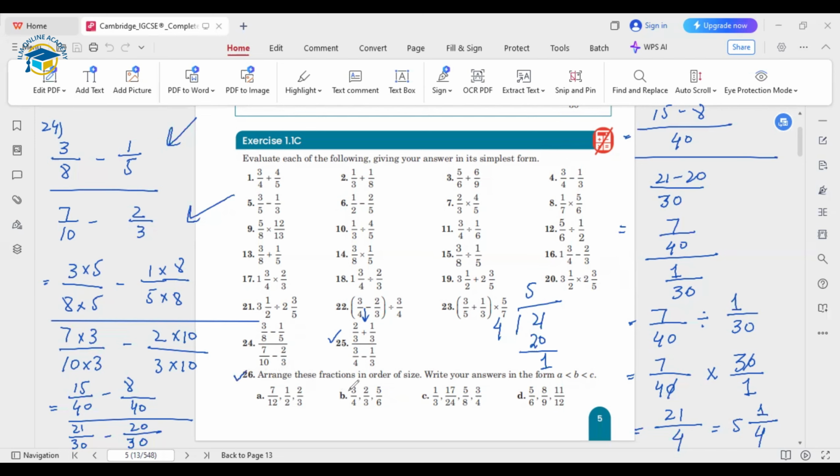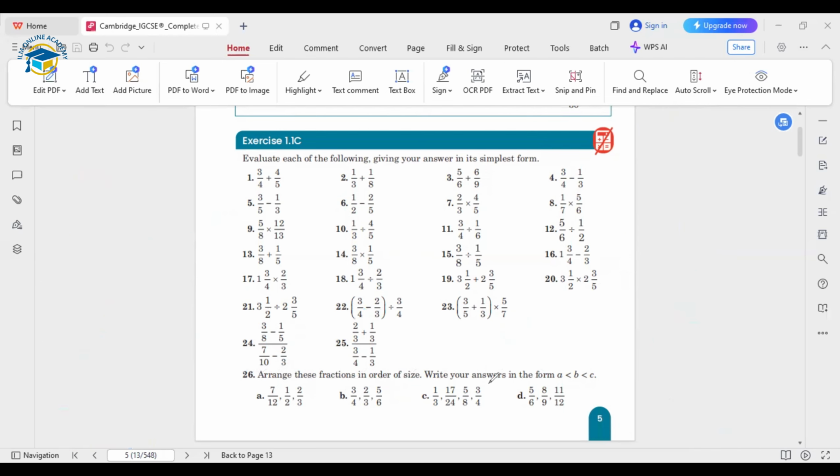In this, they're saying arrange these fractions in order of the size and write your answer in the form of this: a less than b and less than c. So if we need to write them down in order of the size, so accordingly it's better first to make the denominator similar for all of these three fractions.